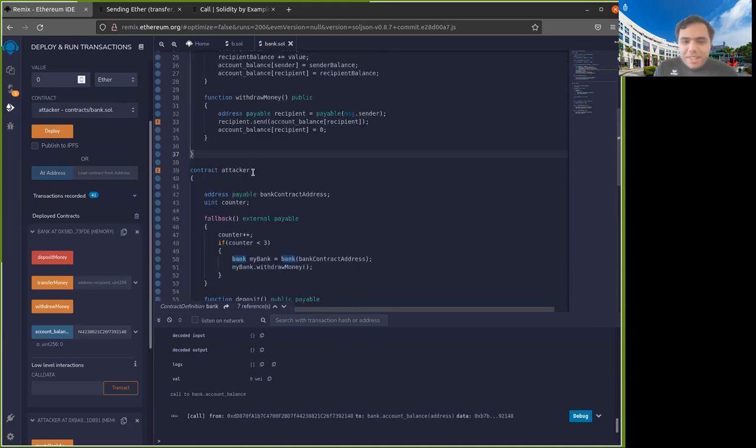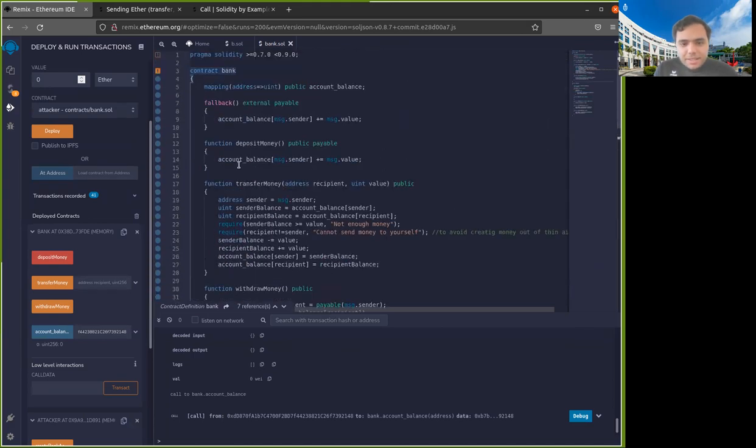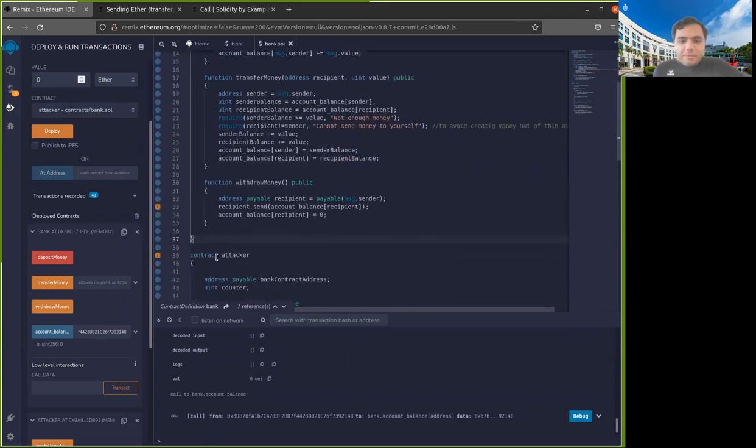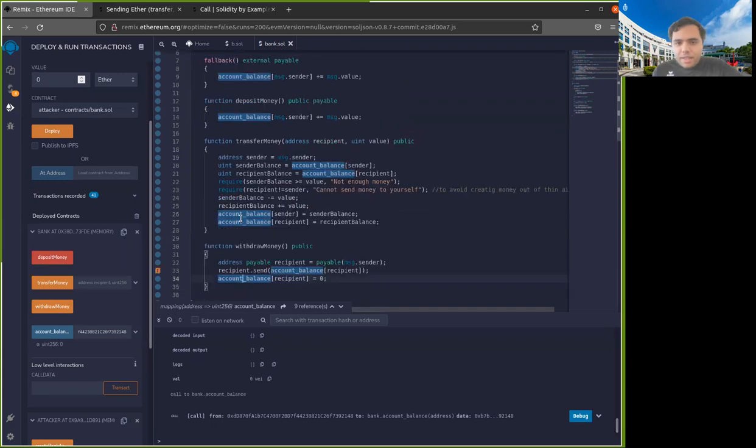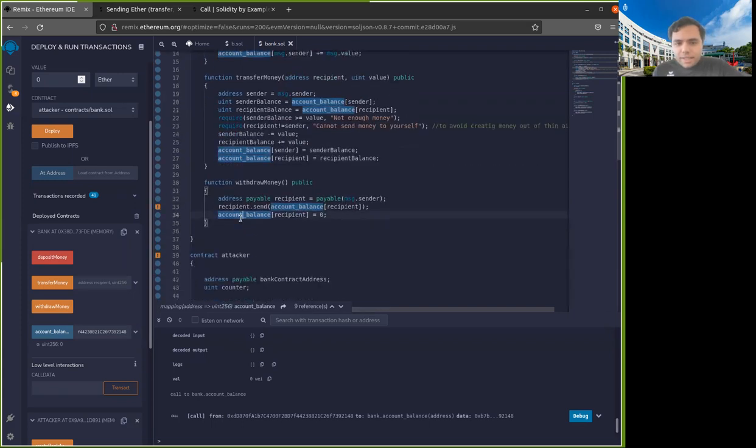So someone else had already paid this bank the money. And basically, the attacker contract could withdraw 3 times instead of once. And now the bank does not have enough money to pay the others. So others cannot all withdraw their money. This is an attack that is called a reentrancy attack.